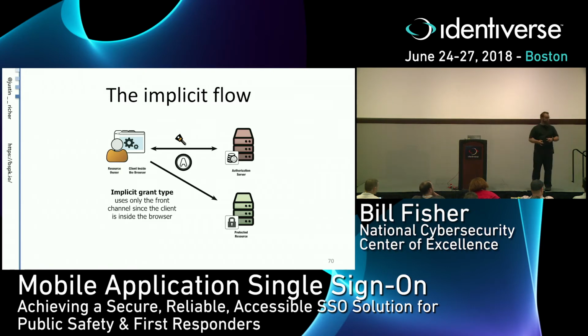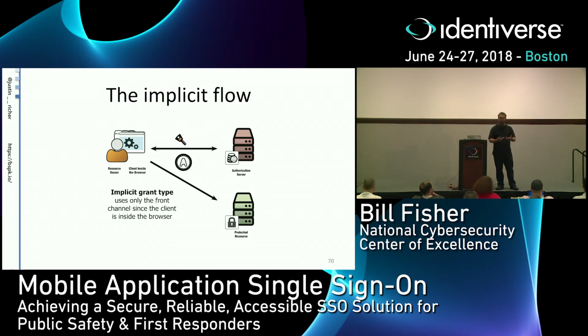So the implicit flow is completely not applicable here because there is no browser, there is no user, there is no person. We have software that is acting on its own behalf and software that can identify itself. If you have that, then basically we're back in the world of API keys. And API keys still make a lot of sense in a lot of use cases. Not every access to an API is going to be delegated on behalf of an individual user. But that's what OAuth itself solves.